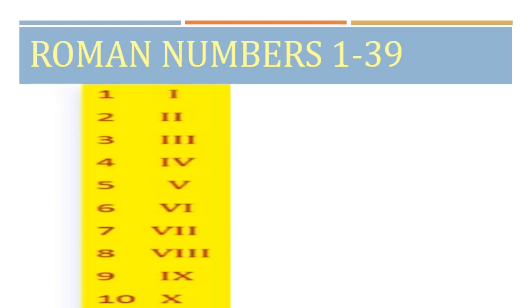So 5 minus 1 gives us 4. 5 is V. 5 plus 1 gives us 6. Same with 7, V, 1 and 1. 7. Again V, I, I, I gives us 8. V is 5 plus 1 plus 1 plus 1, which is equal to 8.